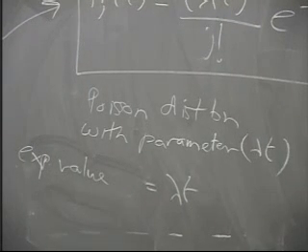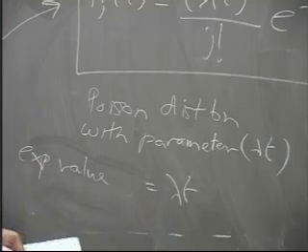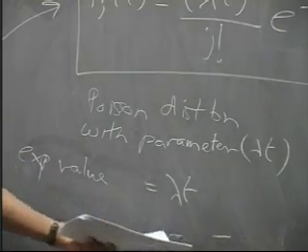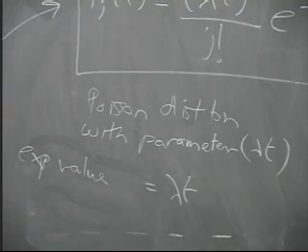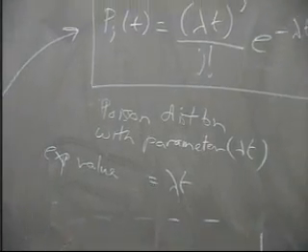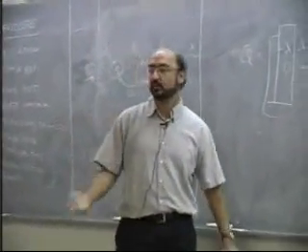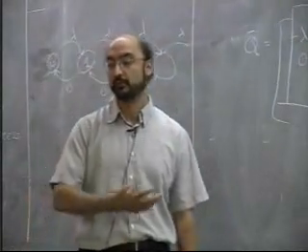Because that's the mean, or the expected value, of this distribution over here, which makes sense, right? It says that if t seconds have passed, and I have an arrival rate of lambda, then I should see on average lambda t arrivals. So this solution tells us why it's called a Poisson distribution, or Poisson process.